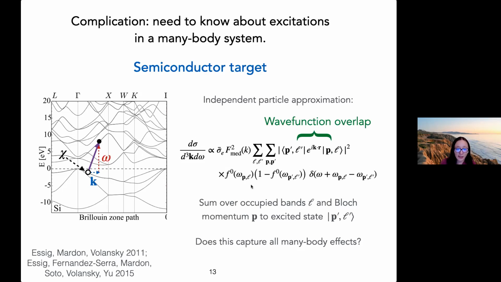And of course, you need to sum over the available states L into the available excitations L prime, subject to momentum conservation. This is just to illustrate the importance of the many-body effects. As we'll show, even this approach is missing some effects that we'll include.